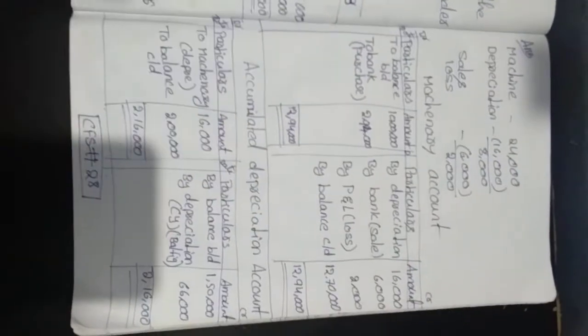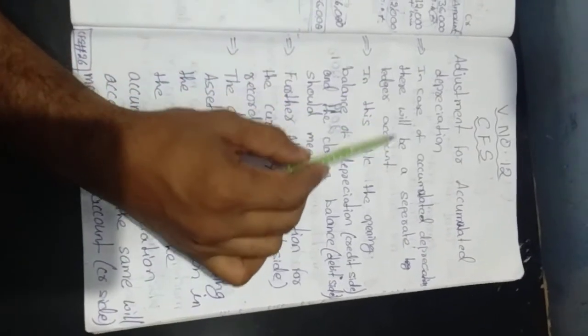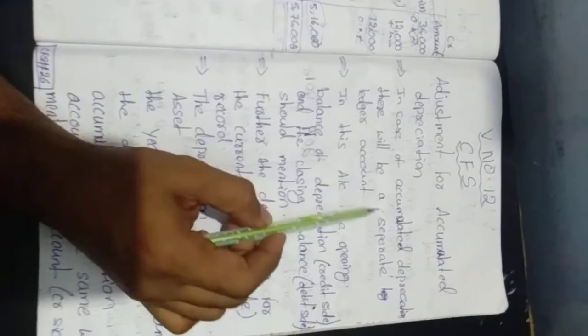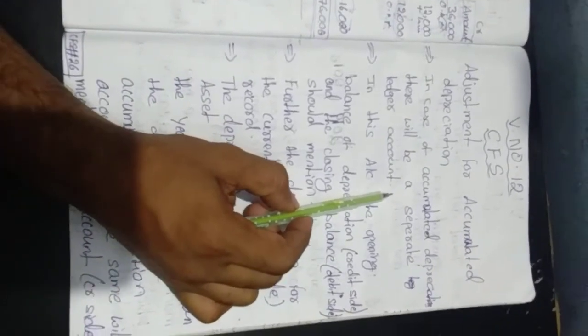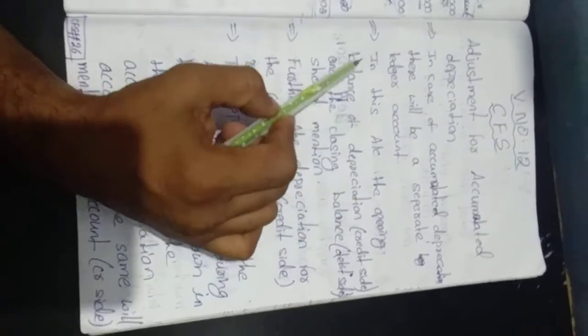Now let's go through the notes mentioned here. First, in case of accumulated depreciation, there will be a separate ledger account for accumulated depreciation and machinery account, as we learned yesterday.